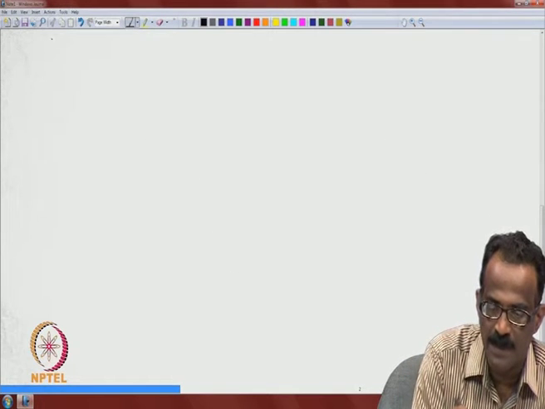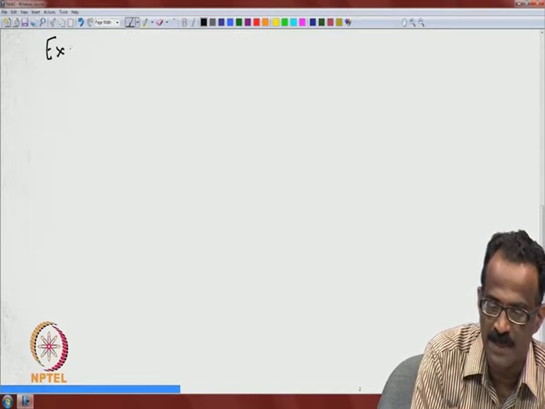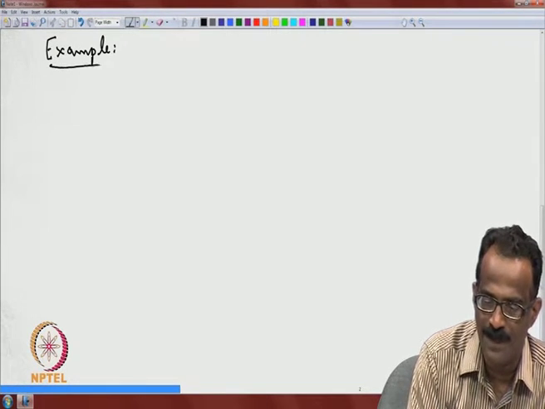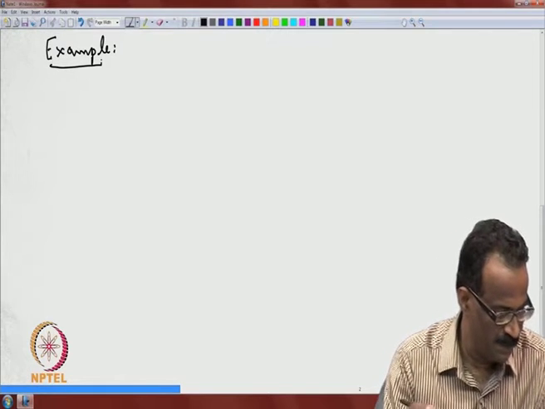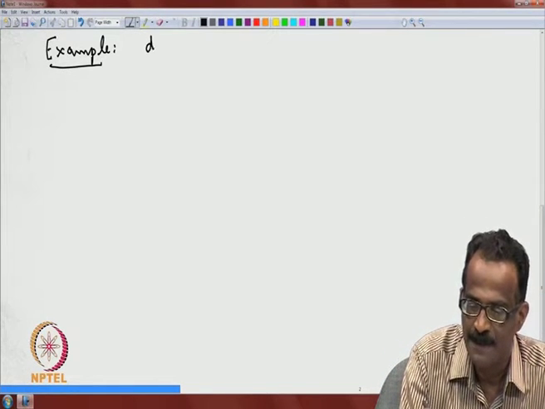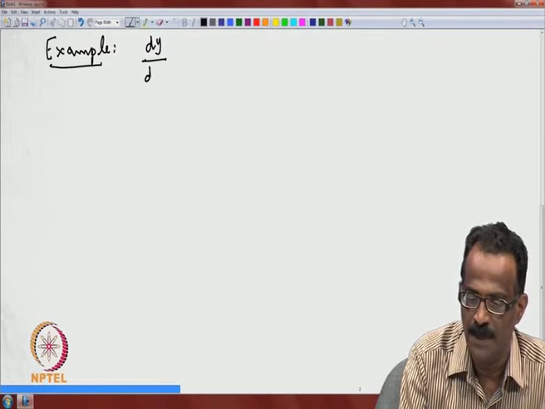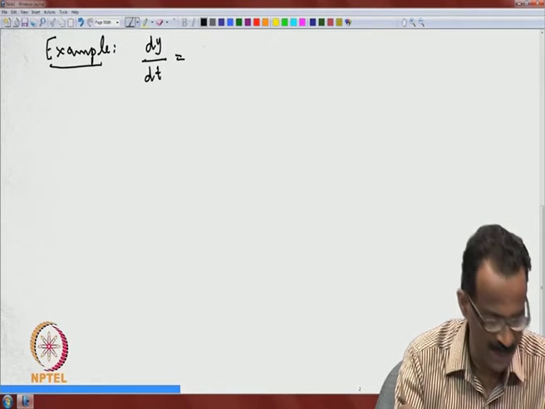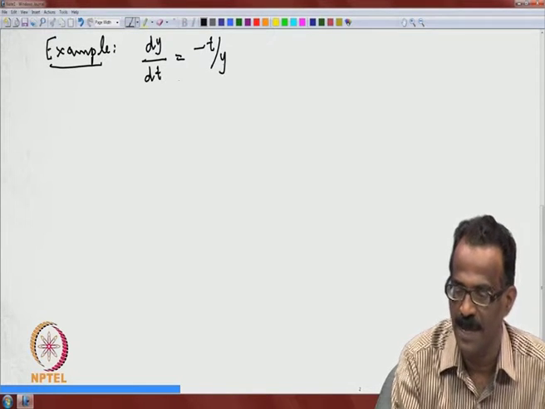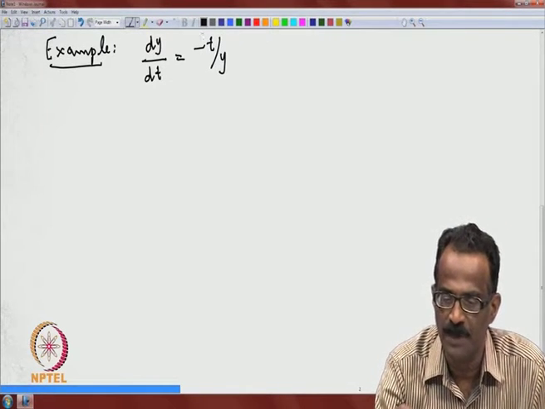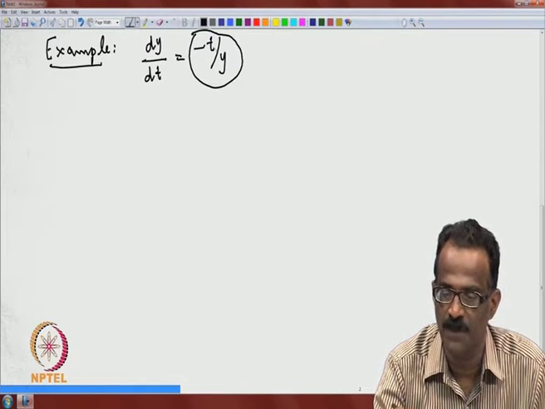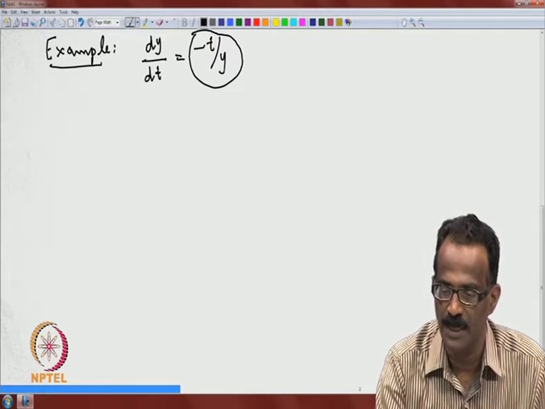Another interesting example. So, we will have one or two examples in this situation. It is a slightly different equation of the form dy/dt equal to minus t by y. Of course, this is not in the category of the normal equations, because this function as a function of t and y is not continuous here.